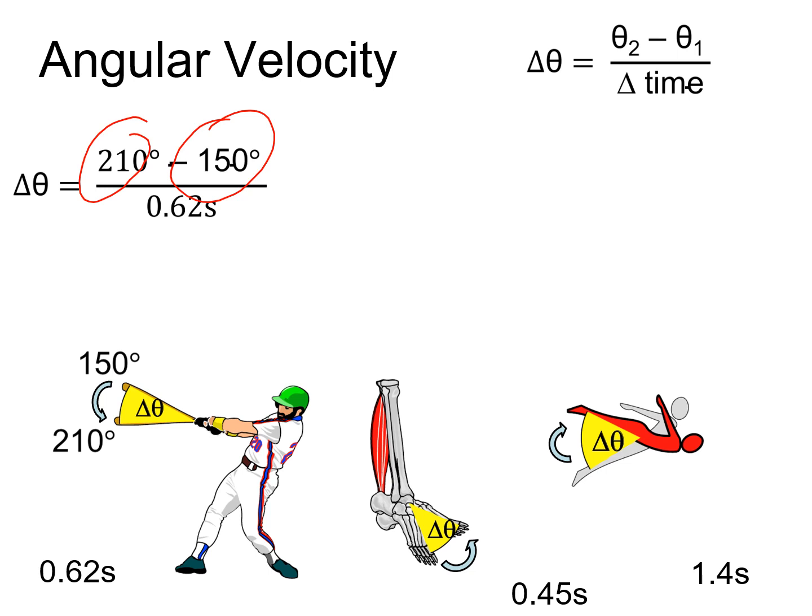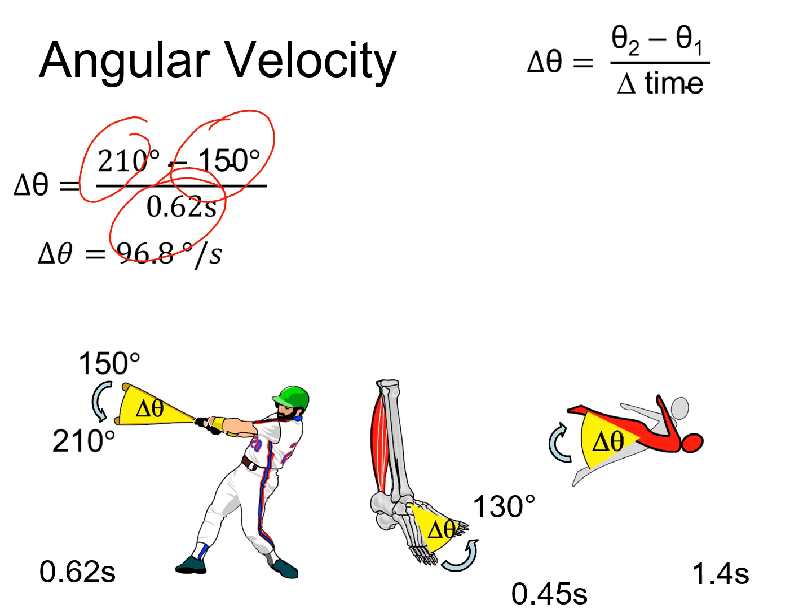We then divide by 0.62 seconds. So they swung the bat from 210 degrees to 150 degrees in 0.62 seconds. So their average angular velocity was 96.8 degrees per second.